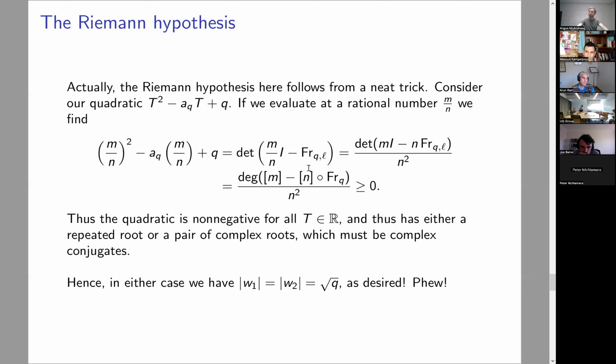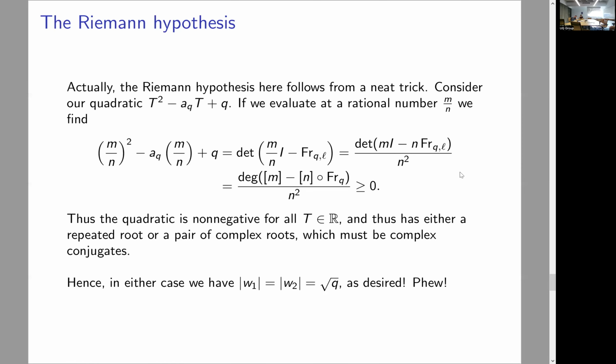So this quotient is a non-negative value. Therefore, this quadratic, this parabola, is non-negative for every rational number. In particular, it's going to be non-negative for all real numbers as well, because of the density of the rationals. So we have a parabola that either is above the axis or just touches the axis.